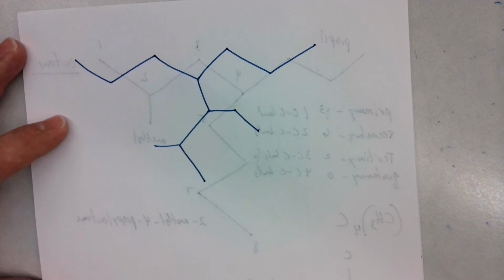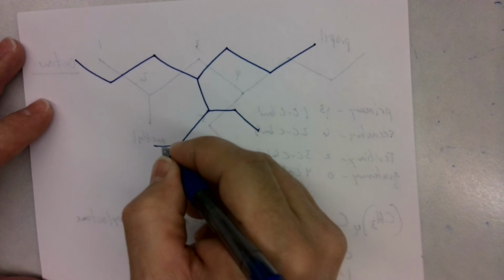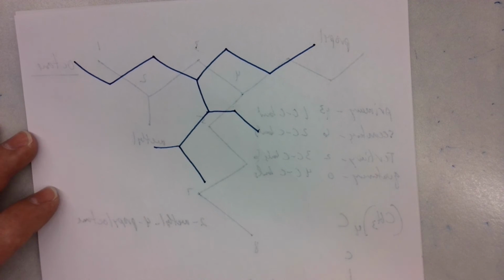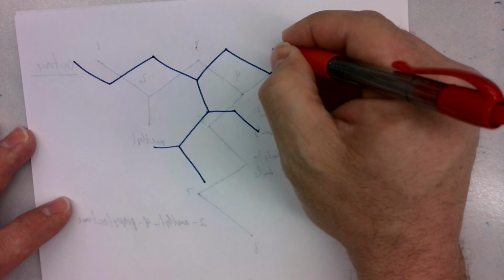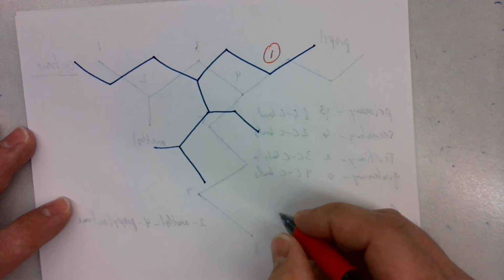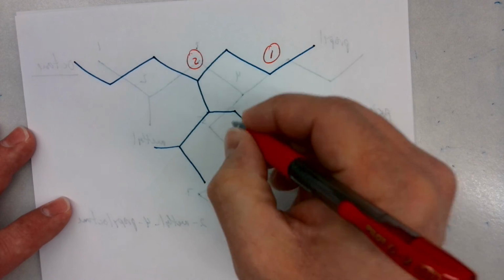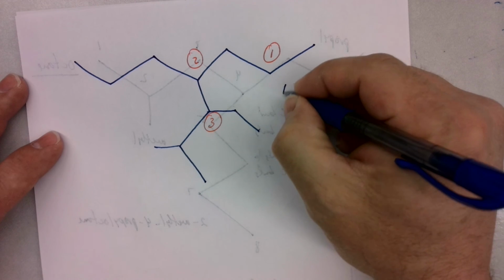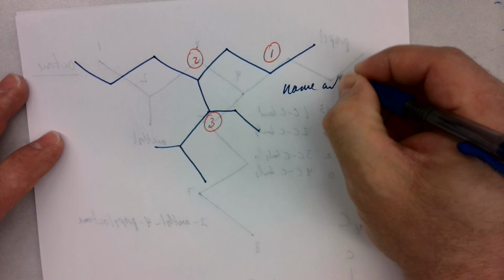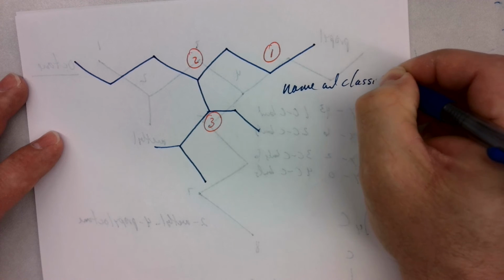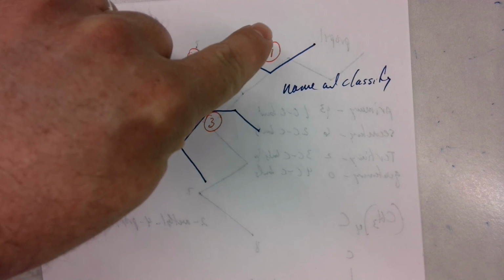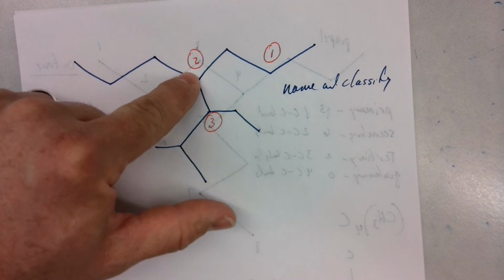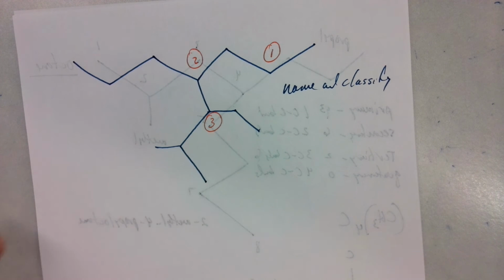Let's do that right there. This is a challenge, and then I'm gonna just number these. Let's do 1, let's do 2, and let's do 3. So what I want you to do is I want you to name and classify the numbers. So I classify that carbon, and that carbon as to what it is. Okay.